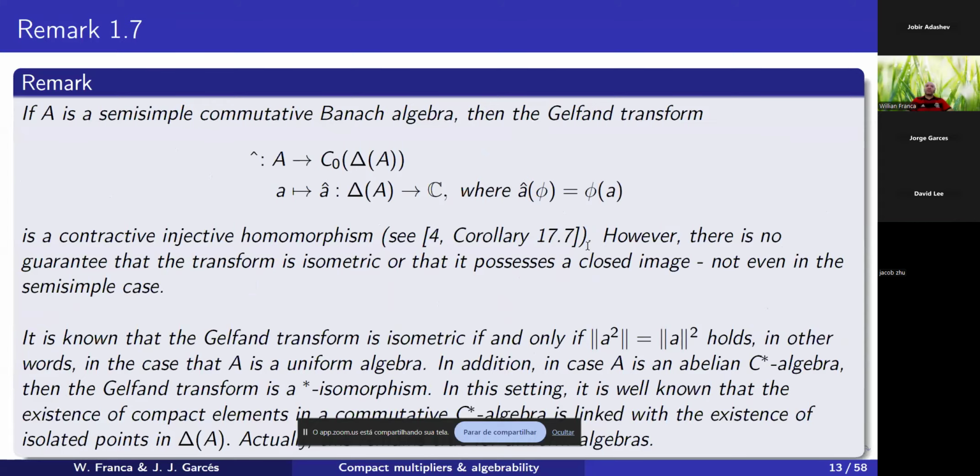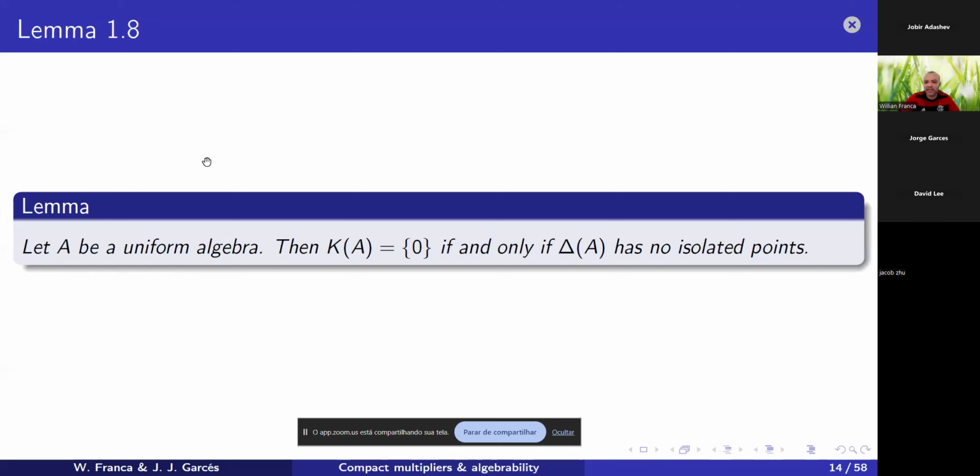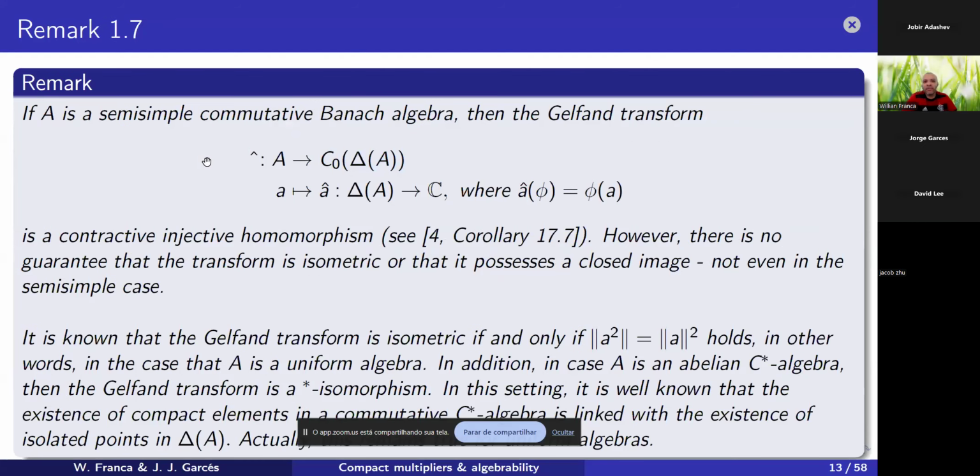Another thing that we should mention is the following. It is well known that if you consider a semi-simple commutative Banach algebra, the Gelfand transform, which is essentially this map with domain A and image contained in C0 of the spectrum, is a contractive injective homomorphism. The injectivity is because it is semi-simple. Otherwise, maybe it's not even injective.